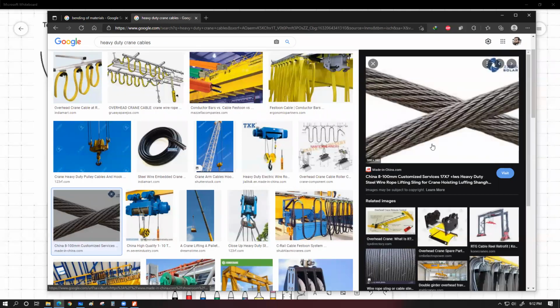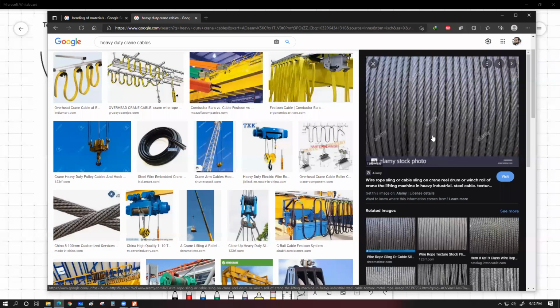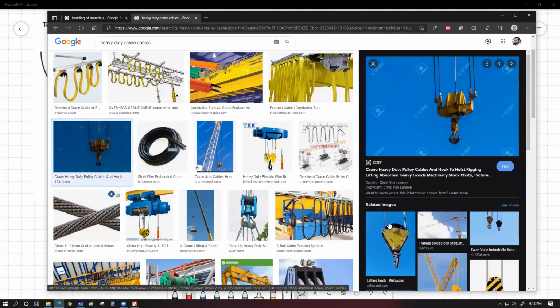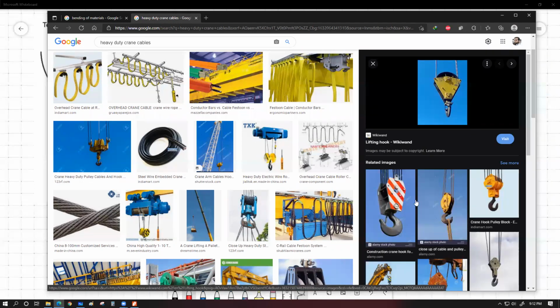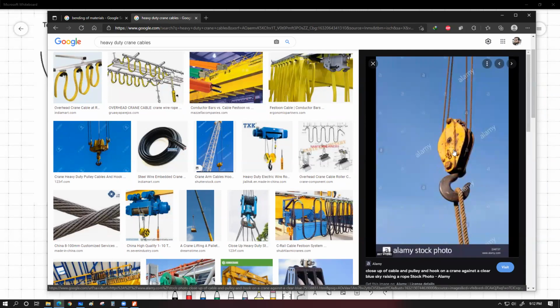Heavy-duty crane cables are made like this, not a single piece of wire, or like this. Can you guess why? Whenever we have cranes like this, let's say a pretty large heavy crane, there are cables by which this crane is hung.